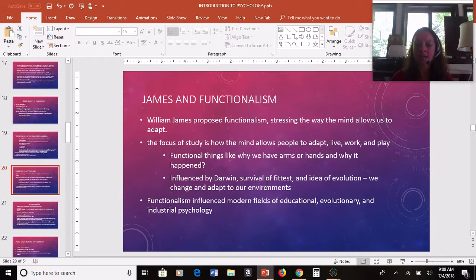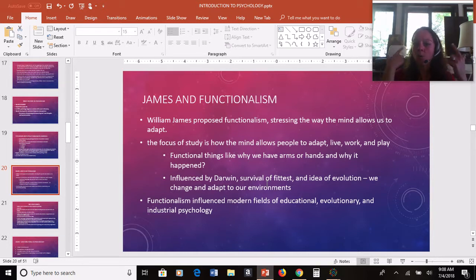And so all these ideas of social Darwinism, survival of the fittest, these ideas of evolution in general really influenced functionalism. So it's like, why do we have arms and hands? How did that happen? Why do we need those?